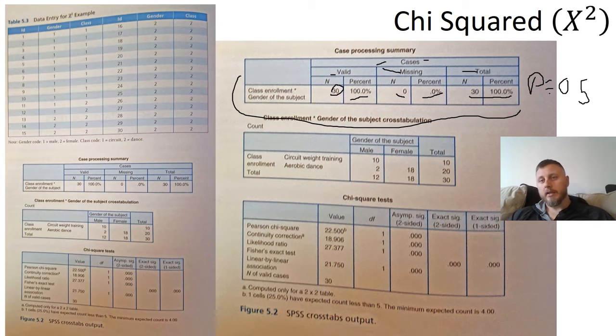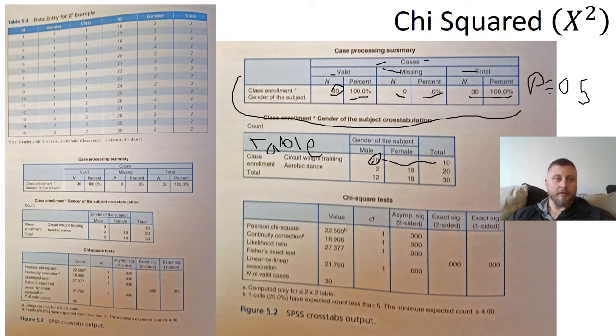In this next table, you see that 10 male participants and 0 female participants are in the circuit weight training class.